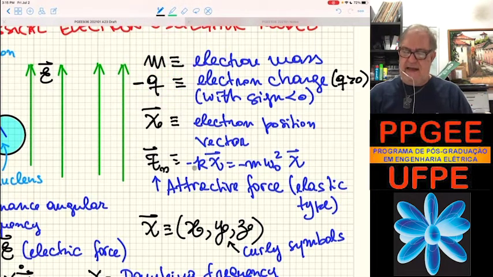So we can relate this to an elastic force and define a resonance frequency omega 0. We can say that k, the elastic constant, we are calling it the elastic constant, but you see that the origin is exactly this model I just showed you, that the Coulomb force is attractive in this sense and is proportional to displacement.